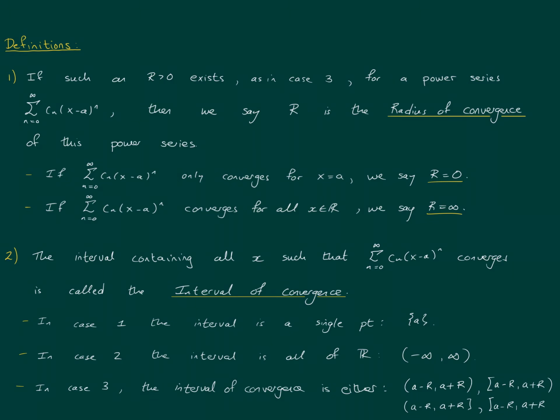Okay. So in this third case, we have 4 possible options for how the interval of convergence is going to look. Okay. So some people call the radius of convergence for short ROC. You might see this in questions, and the interval of convergence can be denoted by IOC.